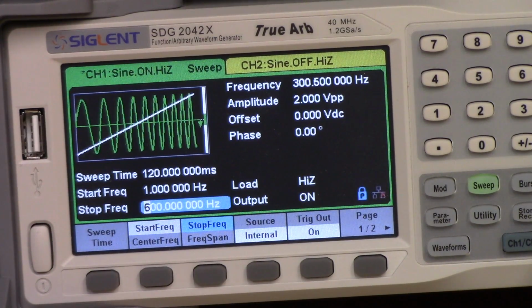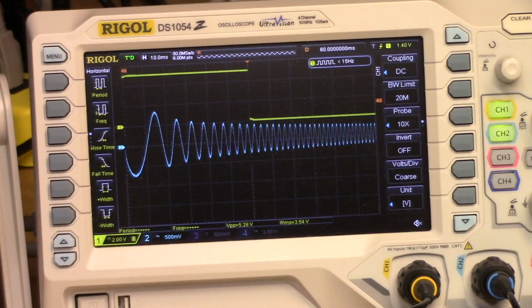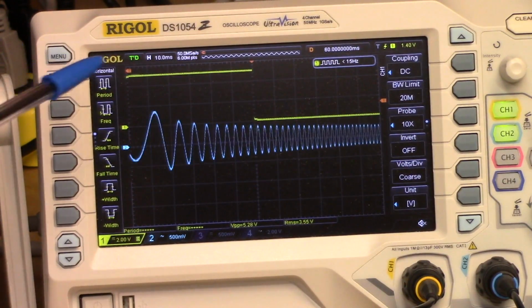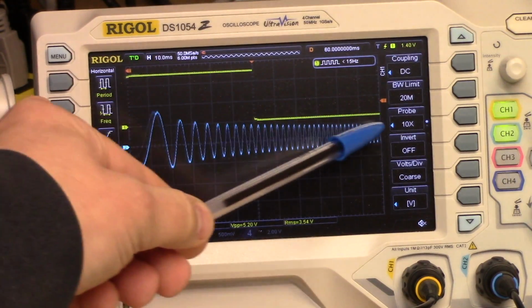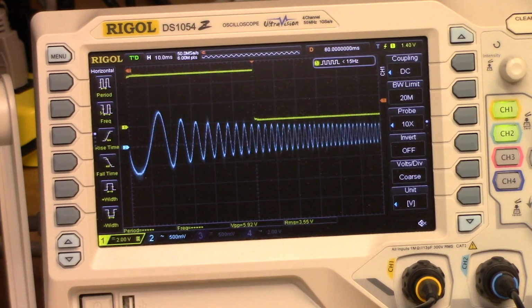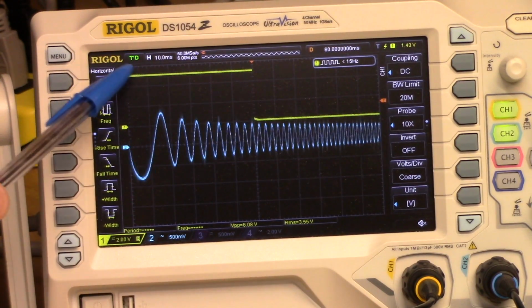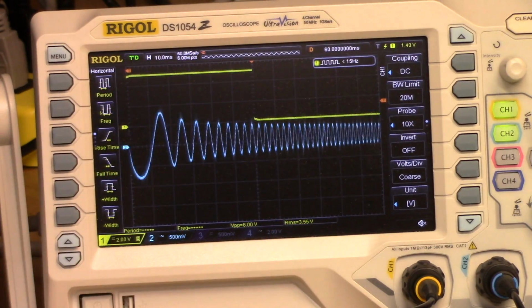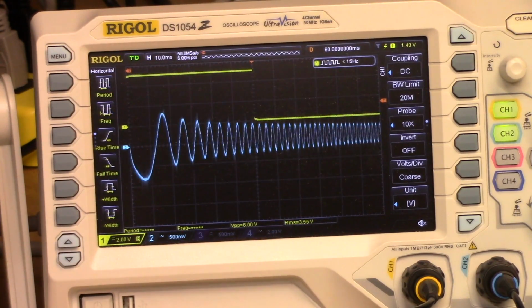What I've done is I've taken the sync out of this function generator, and I've used that to trigger an oscilloscope. So in this shot, we have this yellow trace, and I've adjusted the sweep time of the signal from the function generator in such a way that this corresponds to 1 complete cycle of the frequency sweep.